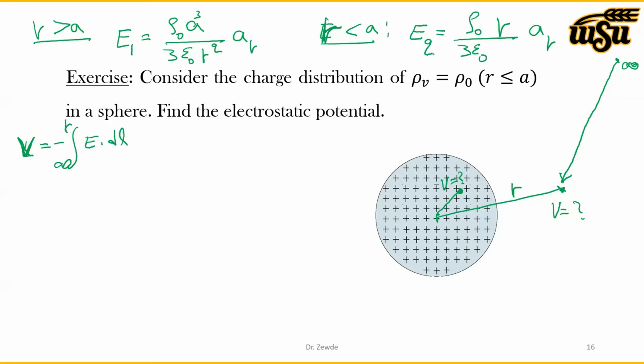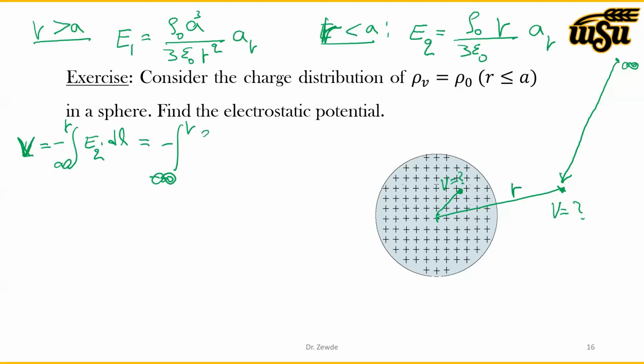E1 is for inside the sphere, and E2 is outside the sphere. Since our goal is to determine the potential outside the sphere, this is E2, from infinity to R.